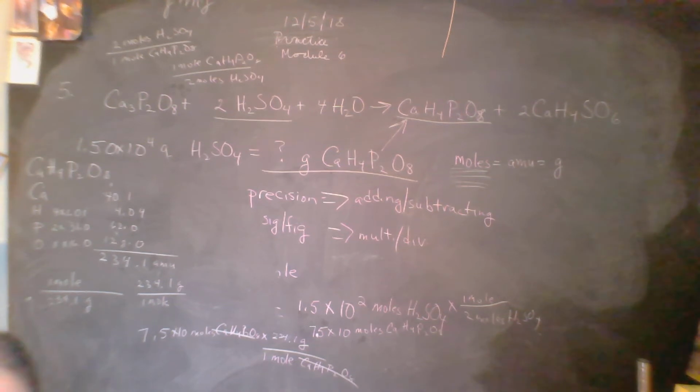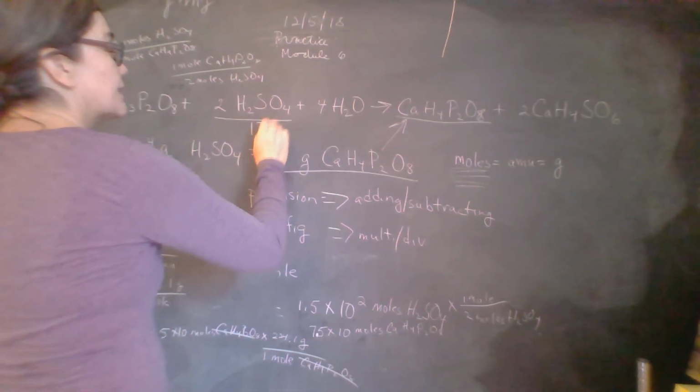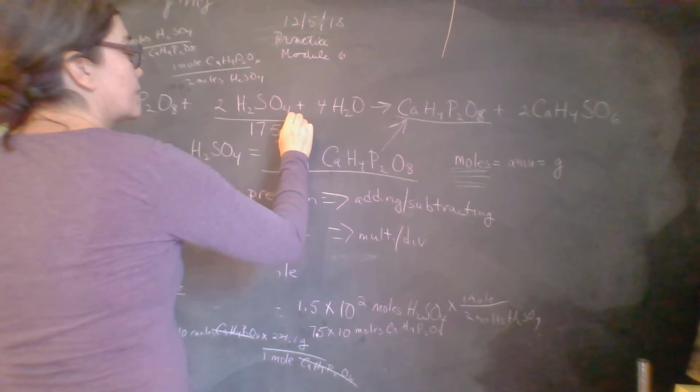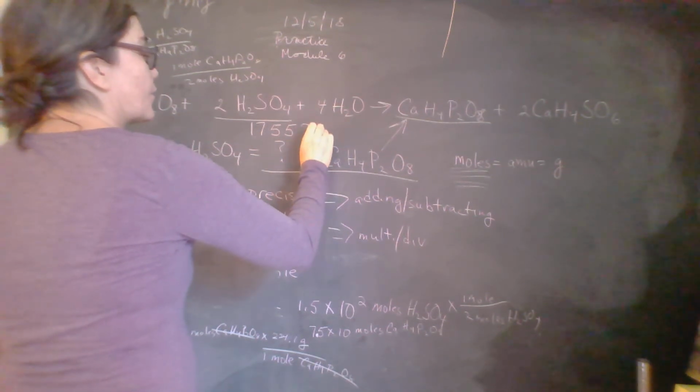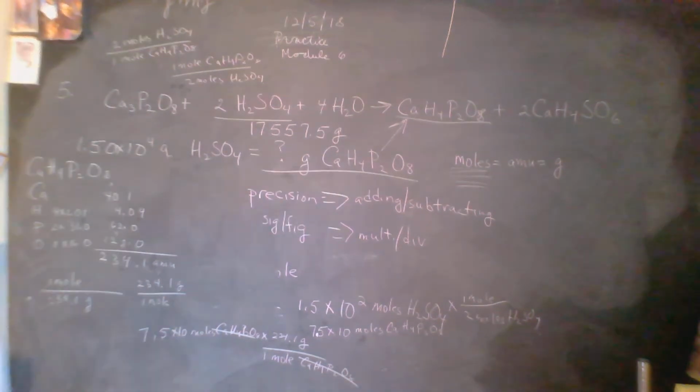So what's that? Can I use my handy calculator? Yes. There you go. Multiply 234.1 times 75 equals 17,557.5 grams. Okay. How can we report this?